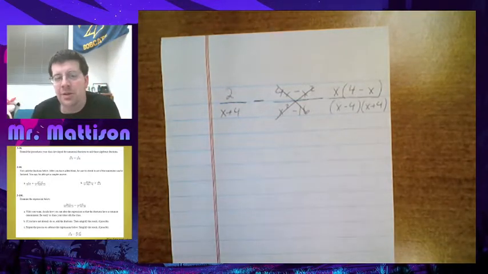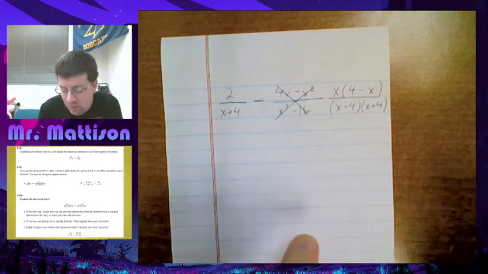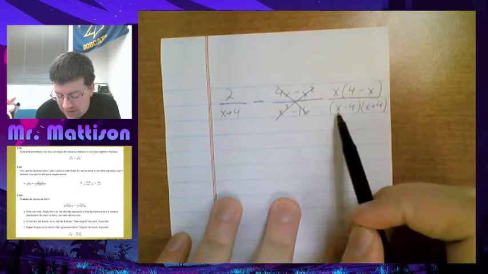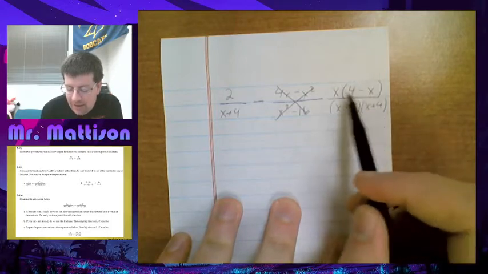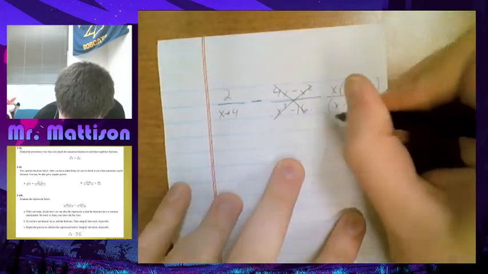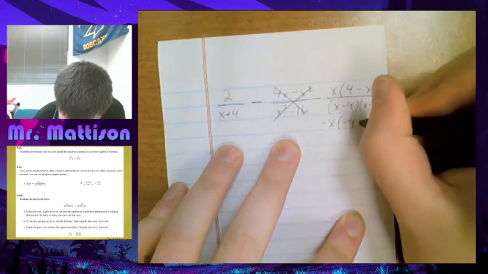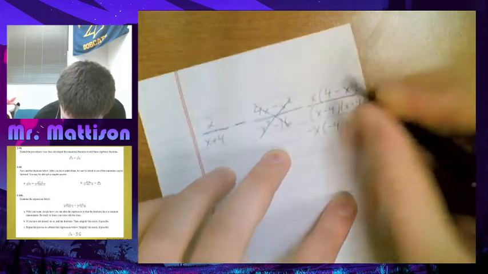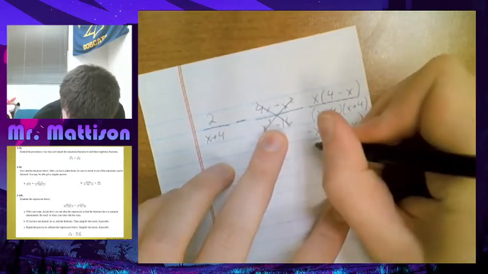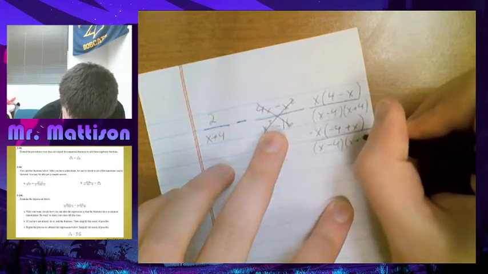So I showed you a trick a few sections back on how we can deal with stuff which is just the exact opposite signs. I'm going to pull out a negative from this as well, and that's going to give me a negative x on the outside, and then negative 4 plus x on the inside, then over x minus 4 times x plus 4.